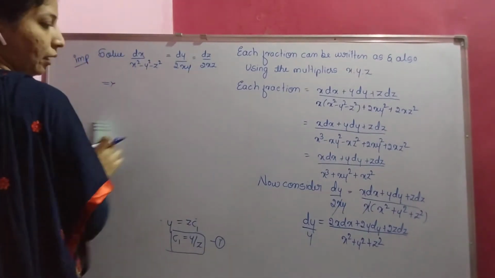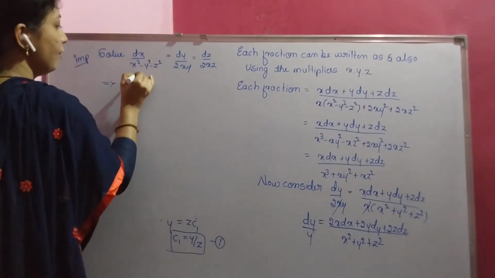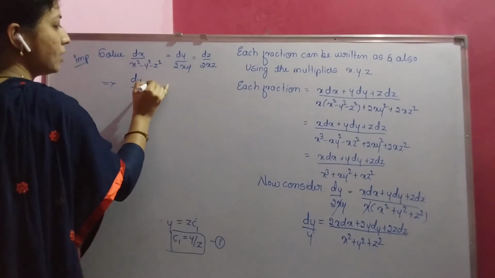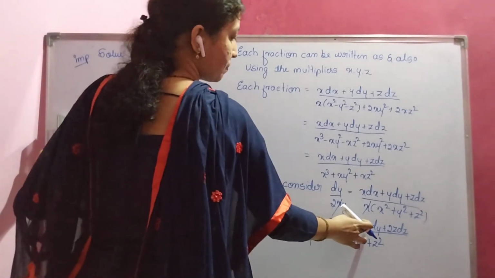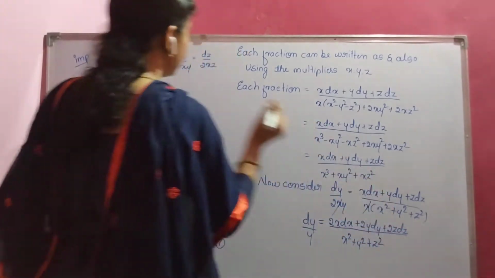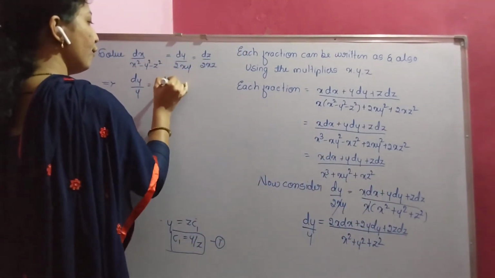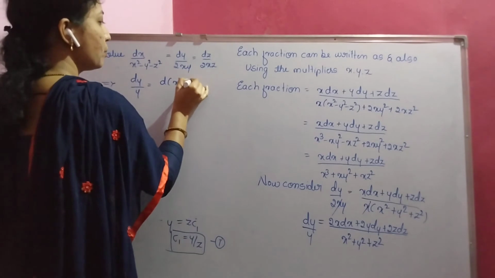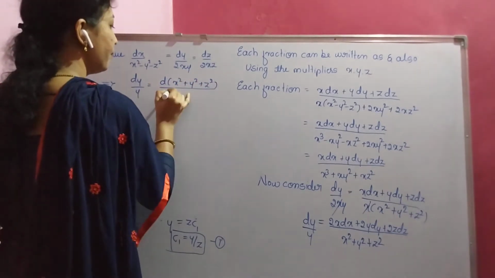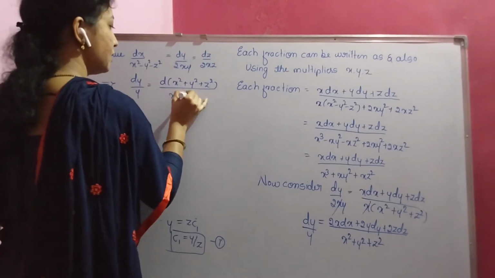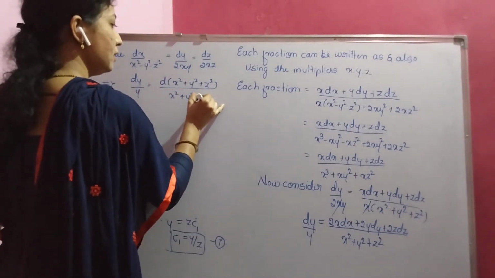Then the equation can be written as dy divided by y is equal to 2x dx plus 2y dy plus 2z dz, which can be written as d of x square plus y square plus z square divided by x square plus y square plus z square.